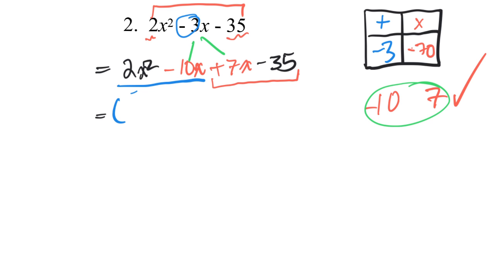My first bracket, which is in blue, is going to have 2x squared minus 10x. Then we're going to have a plus, always a plus, and the second bracket is going to be positive 7x minus 35.